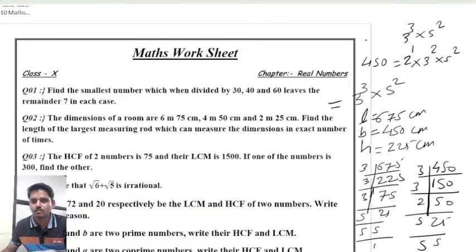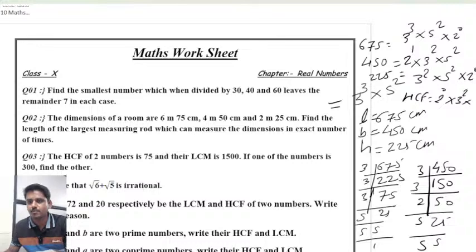Now the required number is HCF. HCF is the product of minimum powers. So we can say here 2 raised to 0 power, and here is also 2 raised to 0 power. So HCF will be equal to 2 raised to 0 into 3 square, minimum power, and then 5 square.